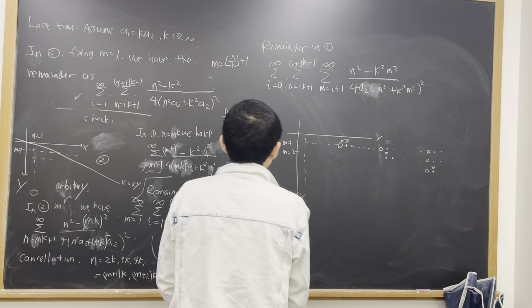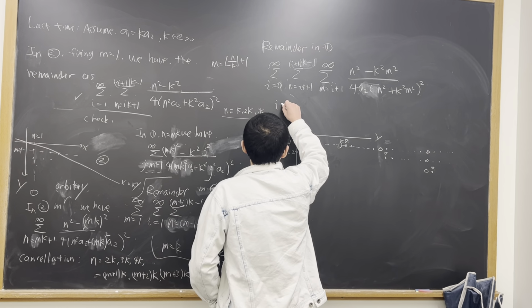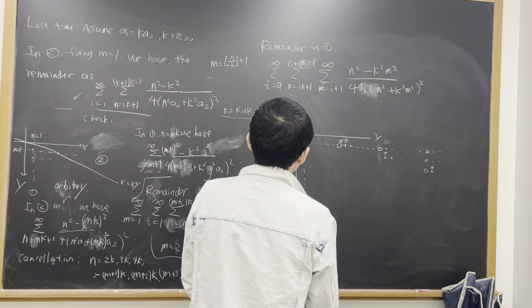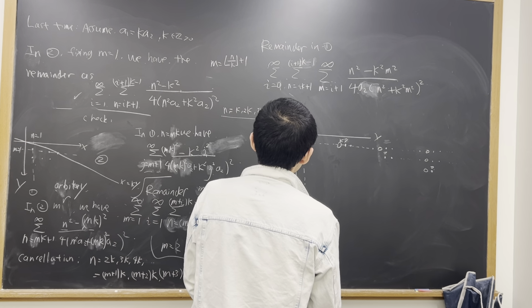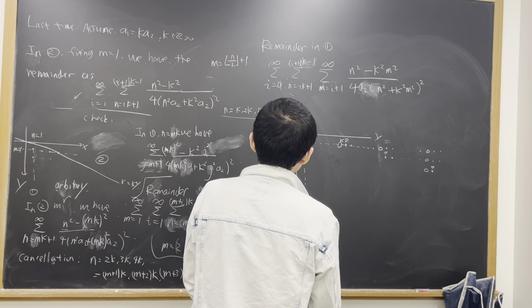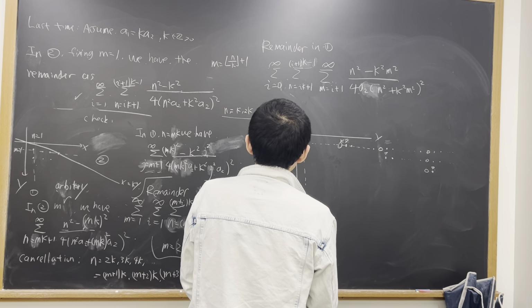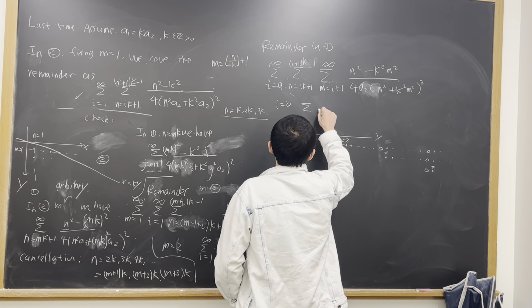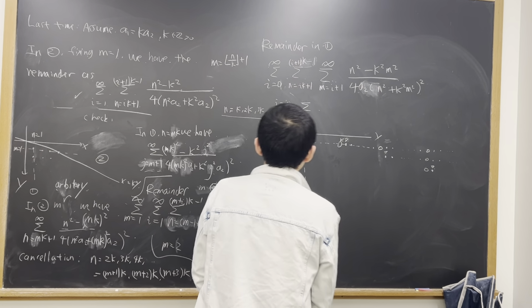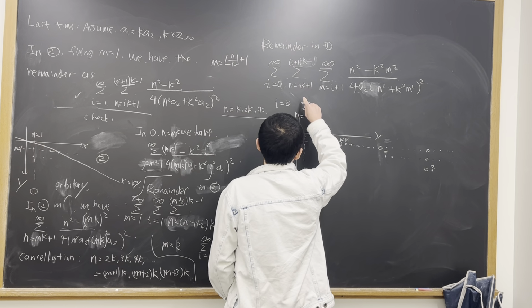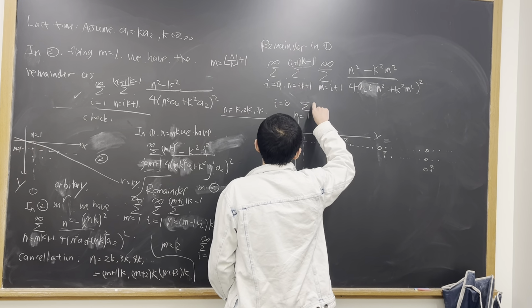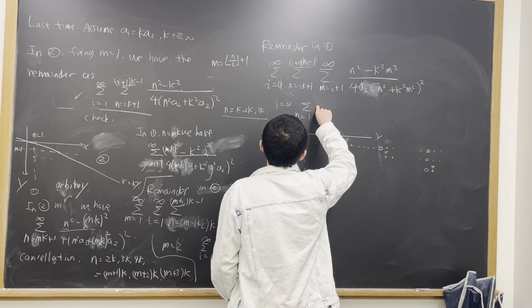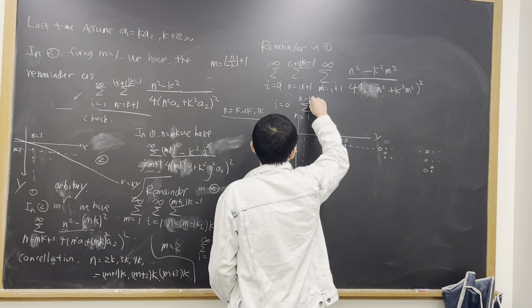So first, let's draw when i equal to 0. So i equal to 0, what we have is exactly the sum as summation n from 1 to k minus 1, right?